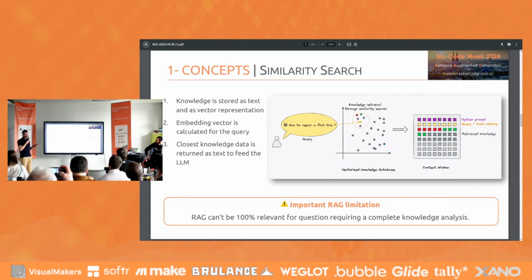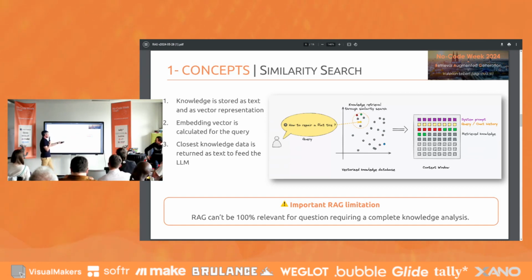So how do we do a similarity search step-by-step? First, we build a knowledge database. That means we store somewhere all the text of our knowledge and its vector mathematical representation. Secondly, the user asks a question. You calculate the vector representation of that question, and you compare it to all the vectors of your knowledge database.